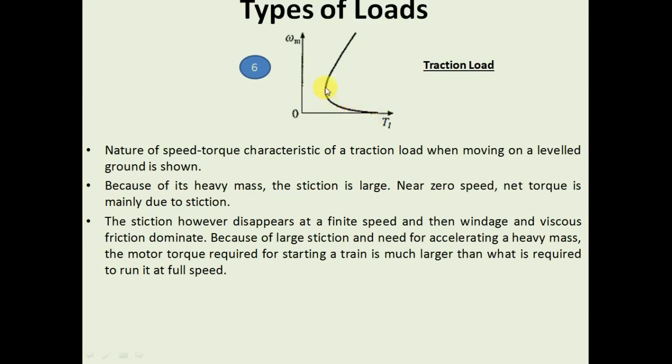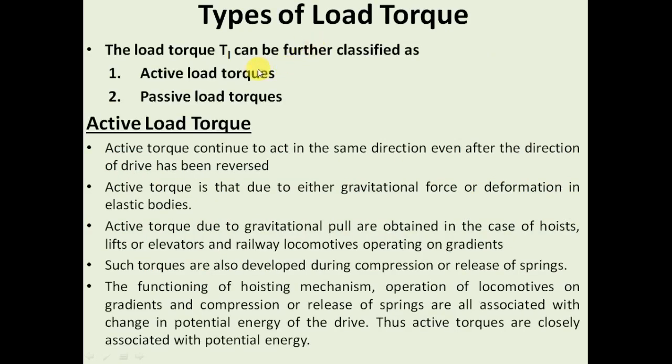Thereafter, the viscous friction component and the windage torque component come into picture. So due to the large stiction component which is present, the characteristics will have a shape which is identical to that of the friction speed characteristics which we have discussed in our previous slides. Next classification of this load torque is active load torque and passive load torque.